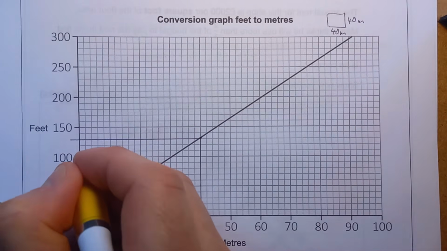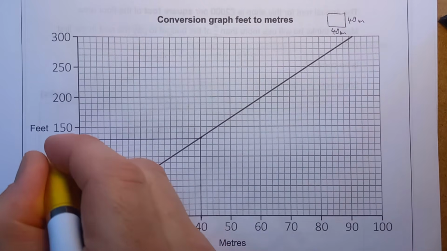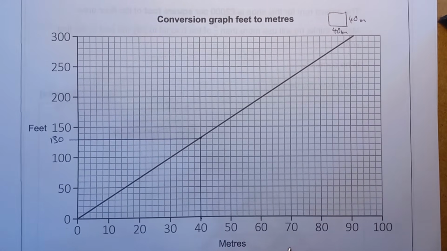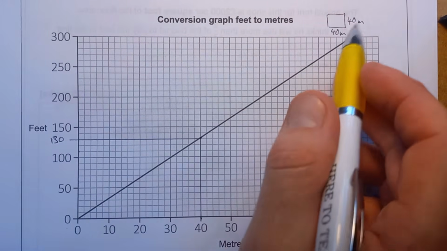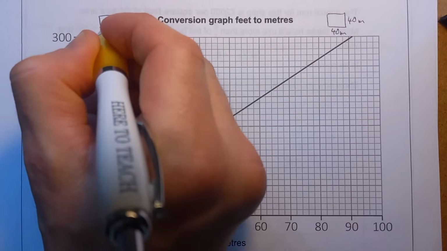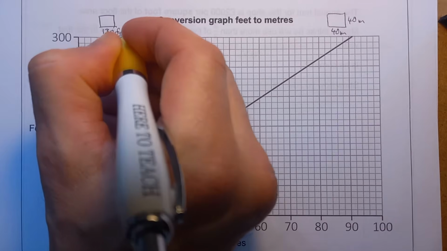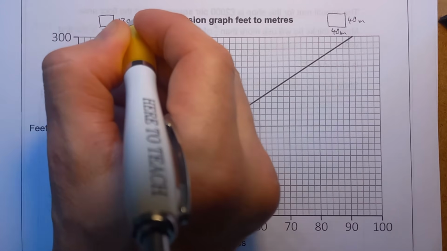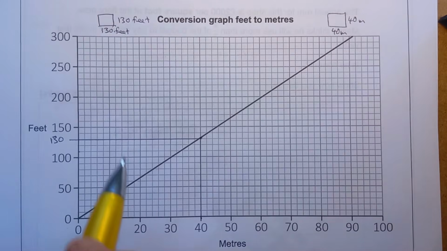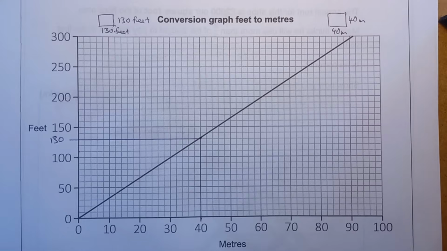And that is going to be 110, 120, 130 feet. Okay, so instead of 40 metres by 40 metres, we can think of this as a square, which is 130 feet by 130 feet.